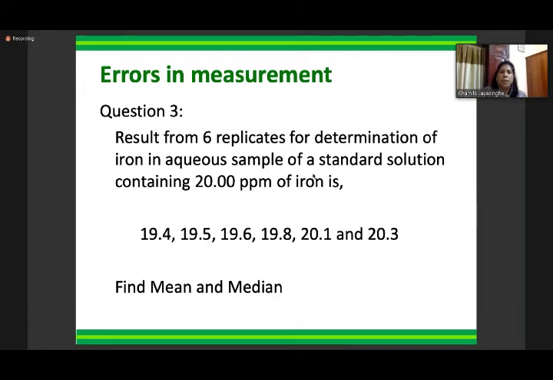Right. Let's come to the errors in measurement. The question is, results from 6 replicates for determination of iron in an aqueous sample of a standard solution containing 20 ppm of iron is given here. Find the mean and median.